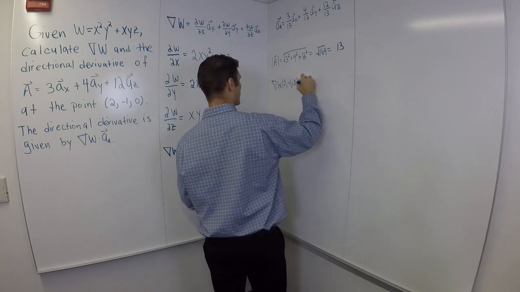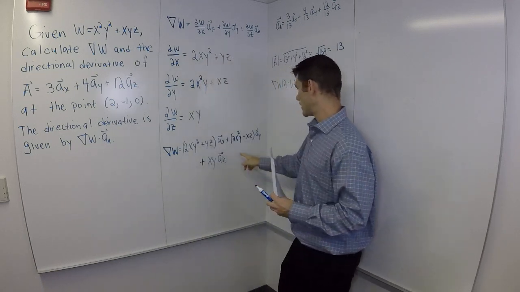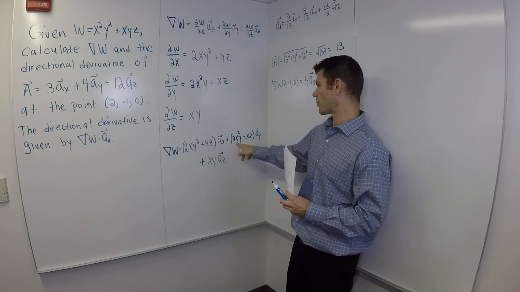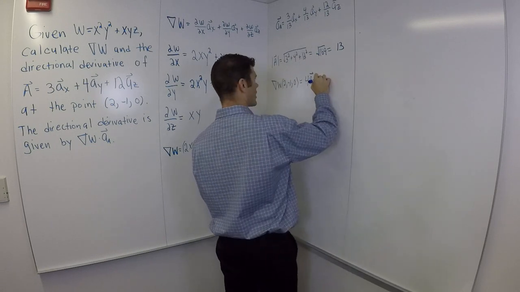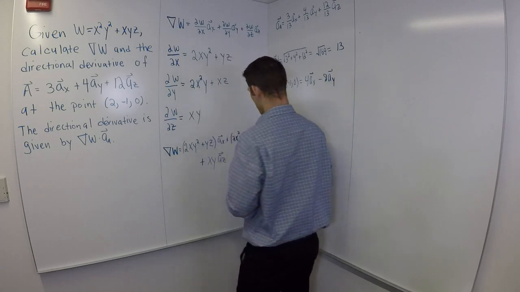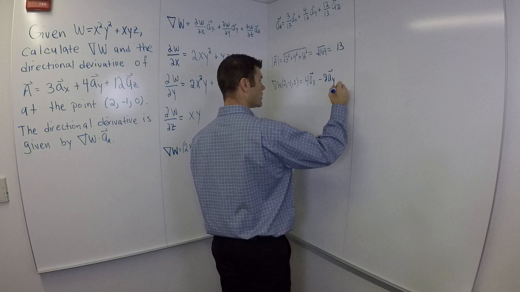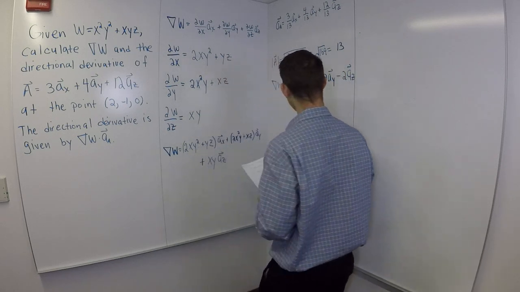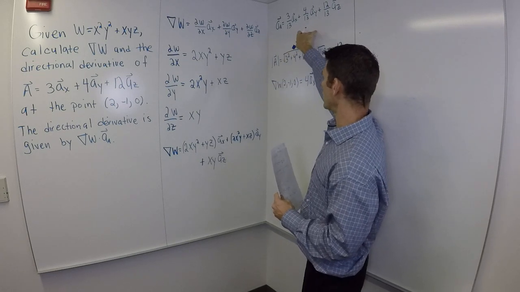So we're going to have 4 ax. And then we have 2 times 2 squared, so this is 2 times 4, which is 8. And then multiply 8 by a -1, and we're going to have -8 ay. And then here we have 2 times -1, which will give us -2. And then it's -2 az.